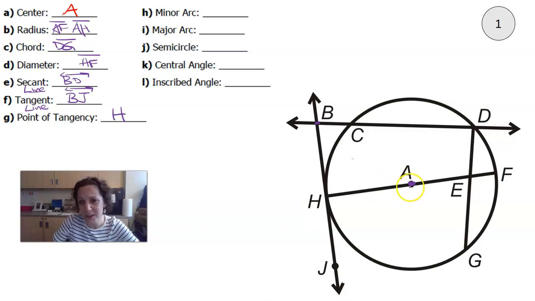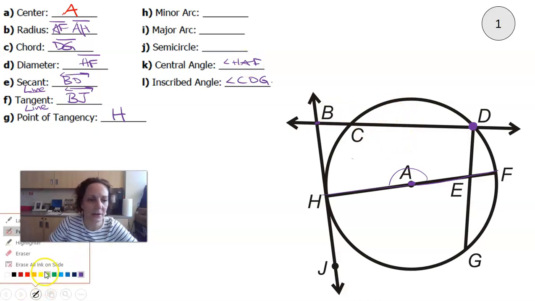I don't see a whole lot of lines leaving the center here, but I do see this AF and AH. So technically that's a central angle, right? So angle HAF is a central angle. I also have an inscribed angle up here, CDG.